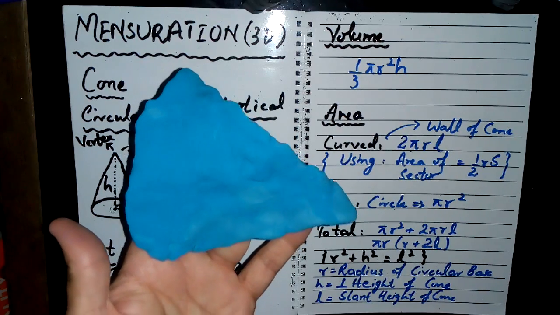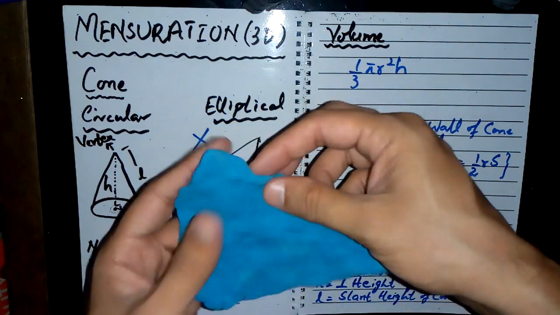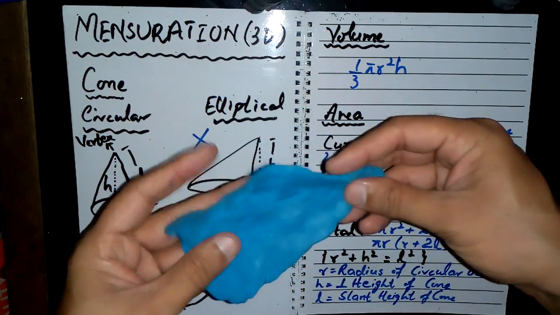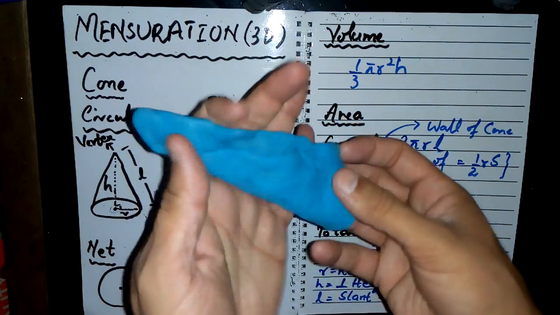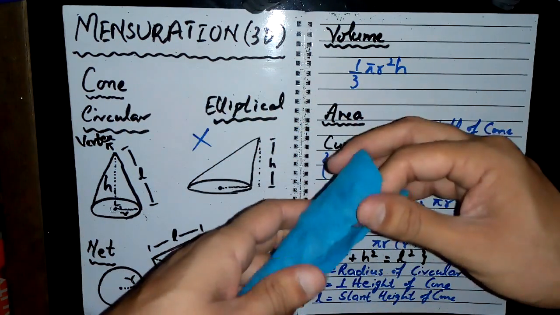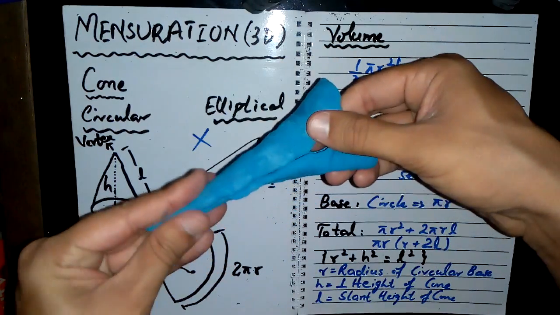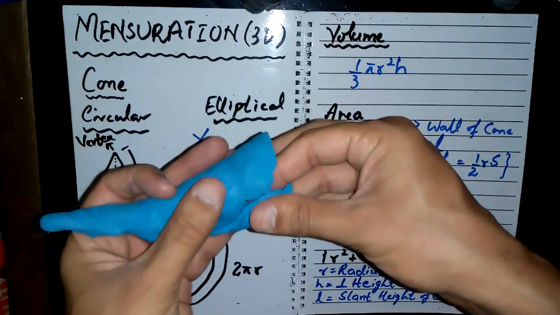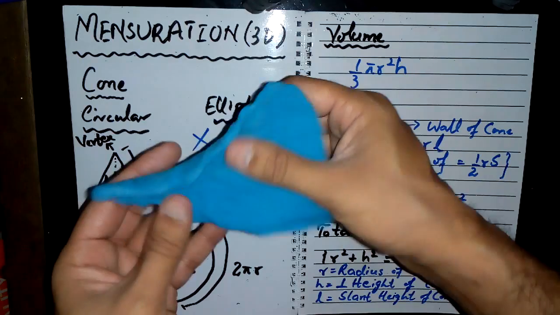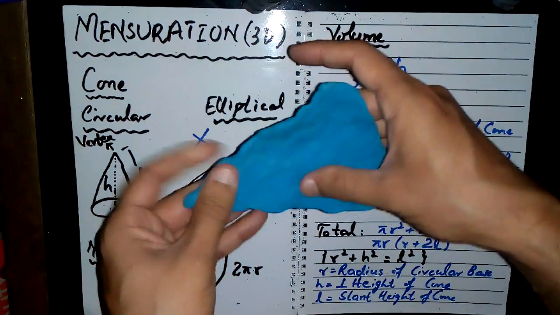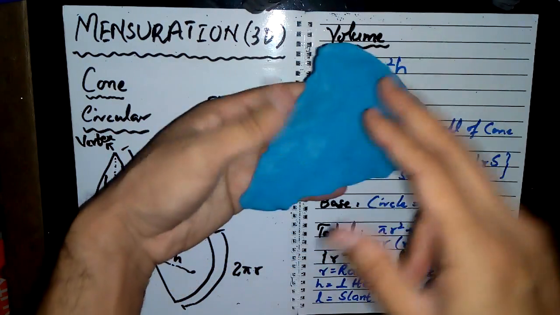Finally I have unrolled the cone. This was the cone like this, and when I unroll it, it becomes a sector of a circle, which I have discussed in 2D shapes.